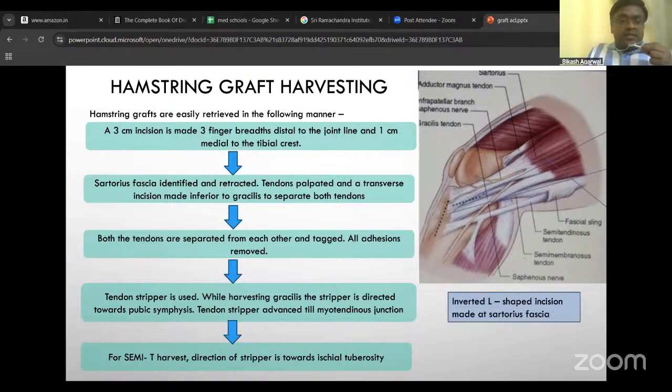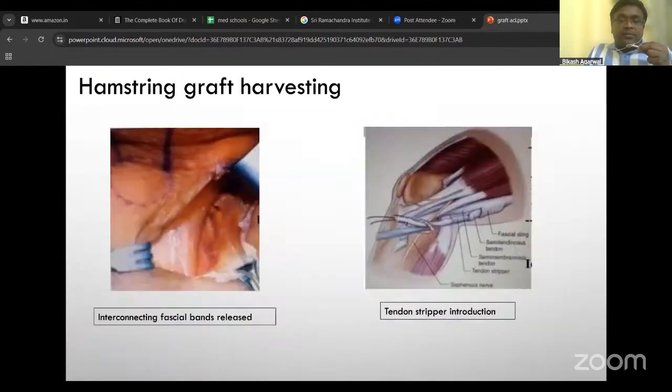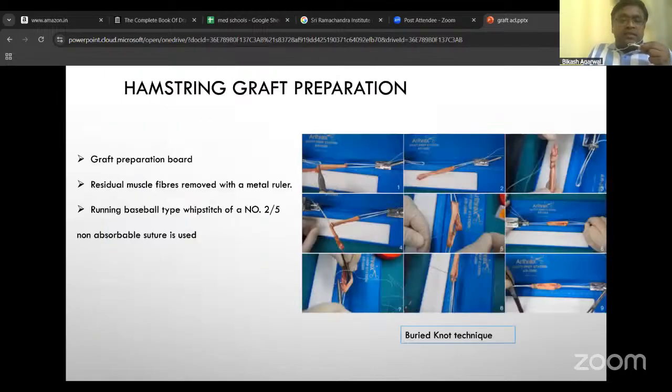So now the tendon stripper is used. While harvesting the gracilis, the stripper is directed toward the pubic symphysis, and the tendon stripper is advanced to the myotendinous junction. While harvesting the semitendinosus, the direction of the stripper is towards the ischial tuberosity. So this is how the tendon stripper is introduced.